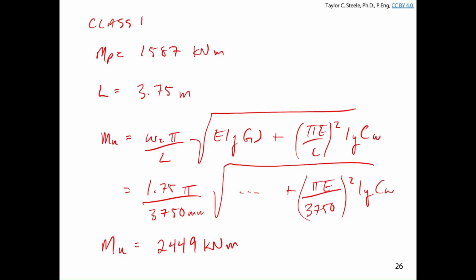Is MU going to be bigger in this case than it was the other day? Yes. The other day was 821 because L was much bigger. Omega 2 was 1. And so this is compared to 821 kilonewton meters that we got the other day. Okay? So 3 times stronger against lateral torsional buckling than the beam we had the other day.